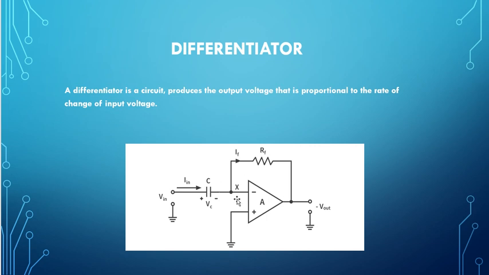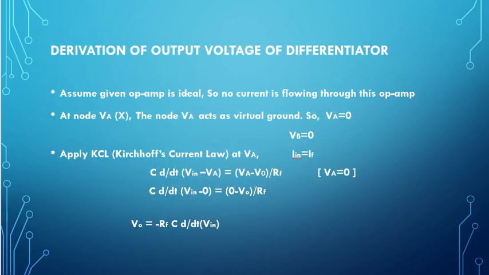So at node VA, I in is equal to IF by KCL. Here I in is equal to IC, the capacitive current. So by applying Kirchhoff's current law at VA we have I in equal to IF.